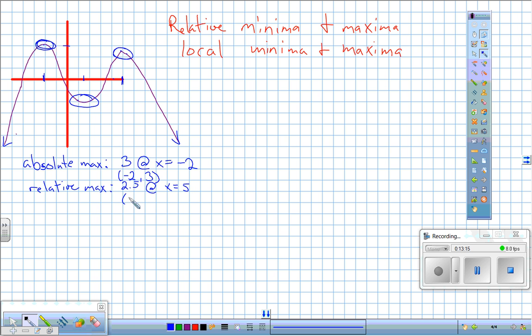Again, if you wanted to write it as 5, 2.5. Okay, and then I have a relative minimum, or a local min. Oops, I can't spell.